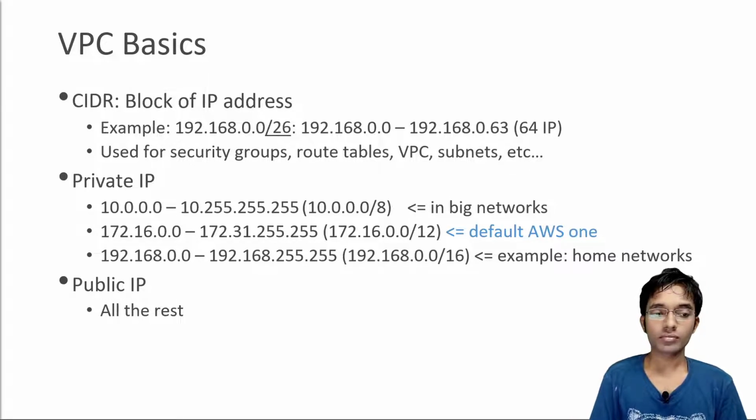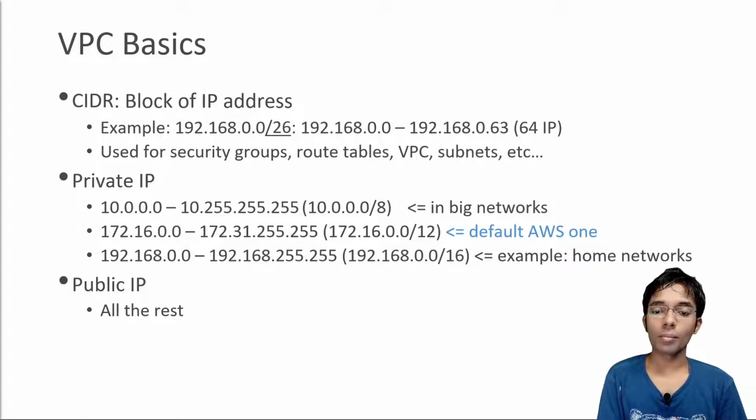Okay. CIDR blocks are going to be used everywhere on AWS, and they will be used when you have security groups, route tables, VPC, subnets, etc. So knowing what a CIDR block is very important going into the exam.